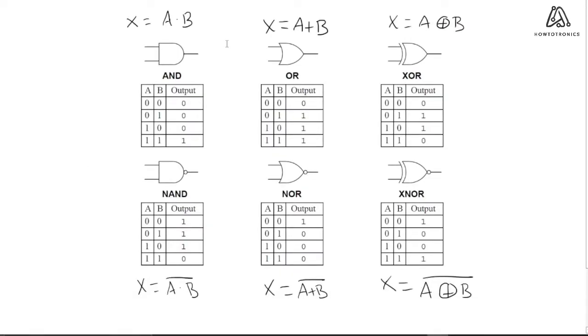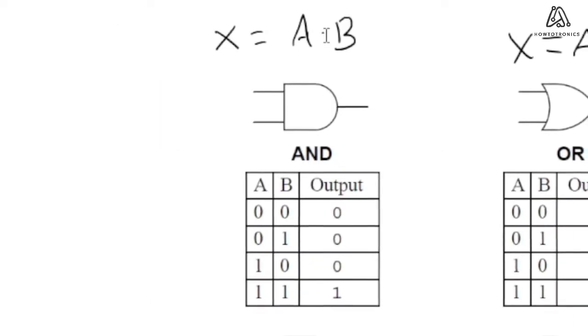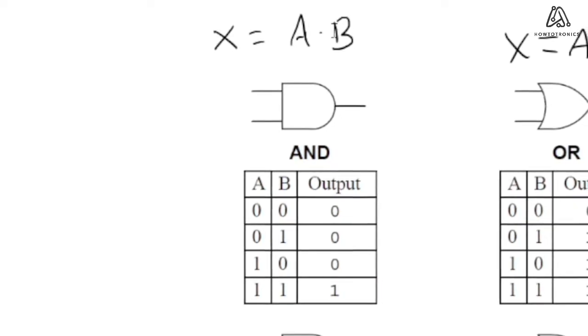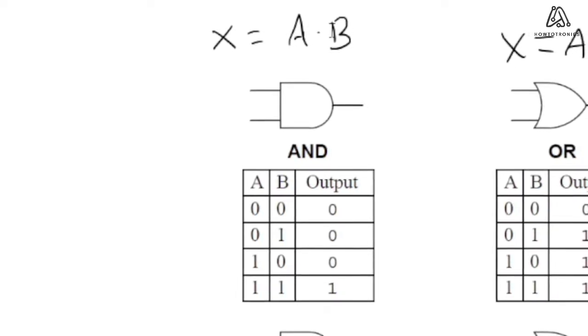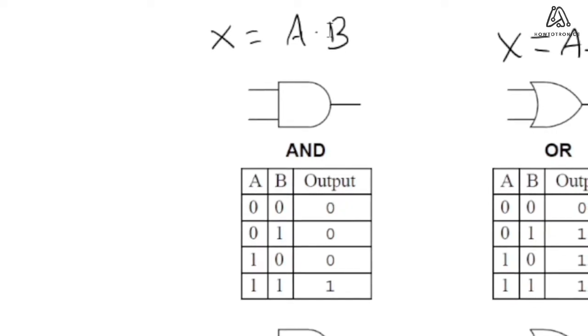Here in this part, we have the Boolean expression for each of these gates, and as you can see, we have some symbols you may not have seen. You've seen addition and multiplication, but maybe this one you might not have seen. Or what do these lines on top indicate? Well, I'll briefly explain each one. This dot symbol is the symbol for the AND.